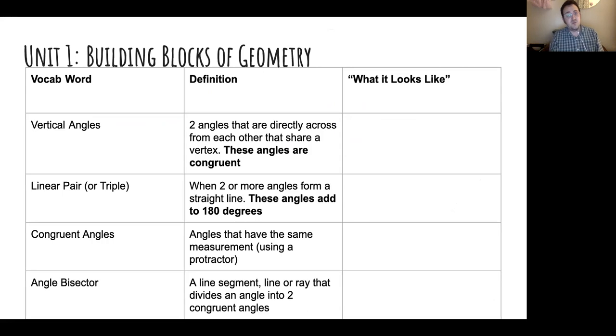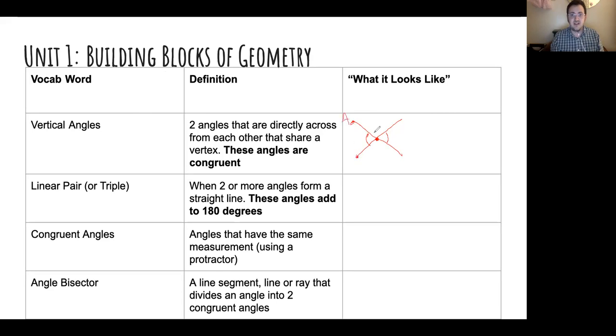All right, so especially with the building blocks of geometry, I want to give you the written definition and also a picture of what it looks like. The first thing we're starting with from Unit 1 are the vertical angles, which I like to call the chopstick angles. Let's say we have a diagram.